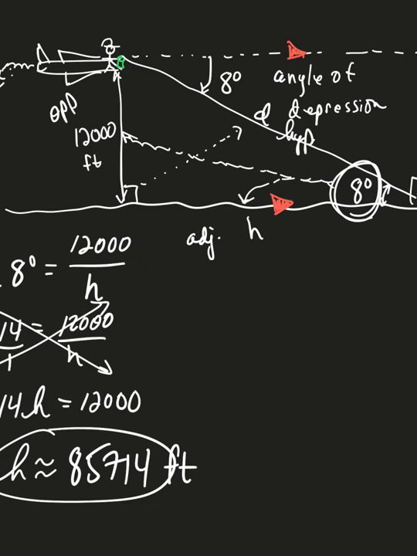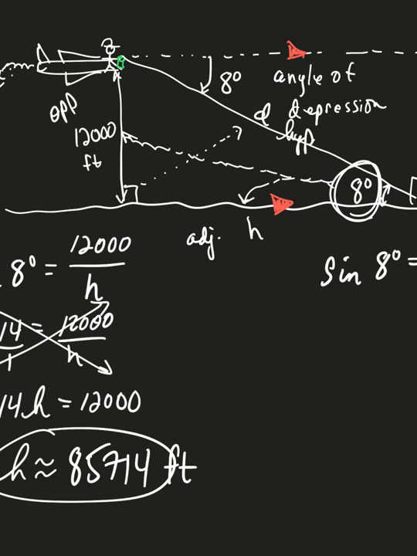And then when we make the switch and want to find the straight line distance from the pilot to the town, now we're looking to find the hypotenuse, and we know the opposite. Opposite and hypotenuse leads you to using the sine. So the sine of 8 degrees is opposite divided by hypotenuse. Opposite, 12,000, hypotenuse, d. Again, we need the trig value.